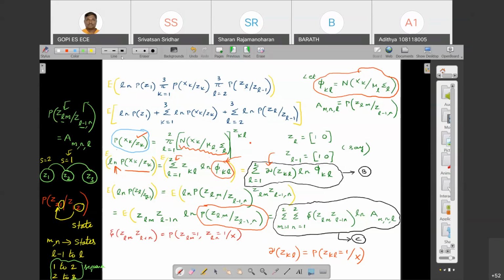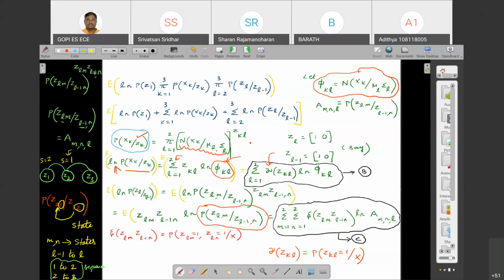right? So as I told you, if I write this with the power, the same element that is there in that probability, if I write it as a power, probability of z_LM given z_L-1,n, power, I'm writing a power here, power z_LM, and we have here z_L-1,n.